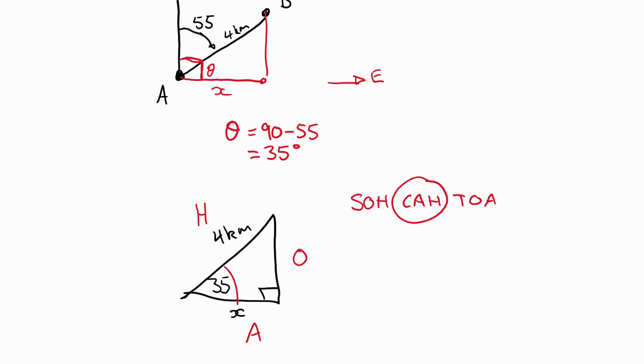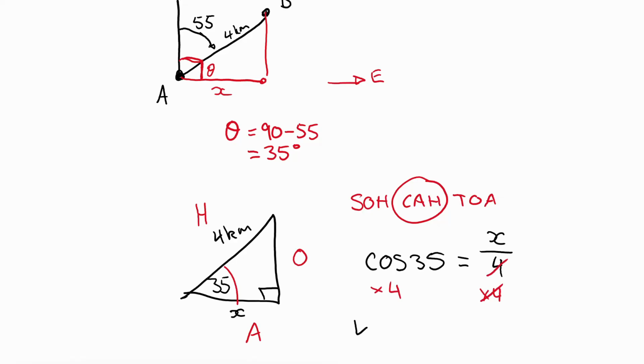All right. So now I can fill that out. So I've got cos 35 is going to equal X over 4. Let's multiply the 4 over here. So that cancels that out.